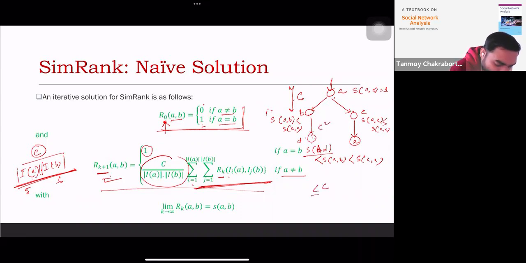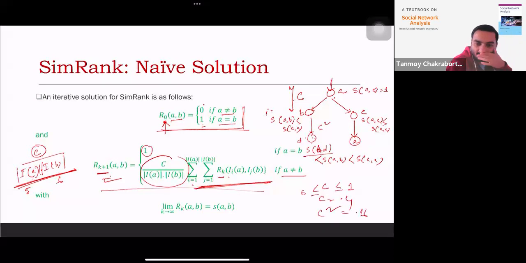C is a constant which ranges between 0 to 1. Say C is 0.4, for example. So when you do C square, basically C square is less than C, right? So it ensures that when you move far away from the root node with respect to which you are computing the similarity, your C value deteriorates, right?